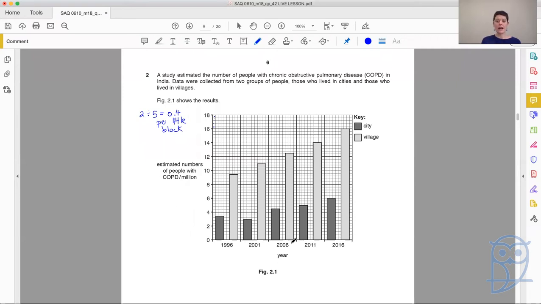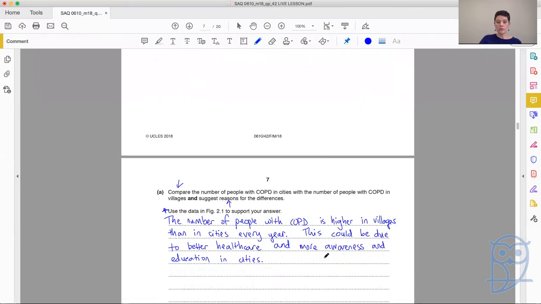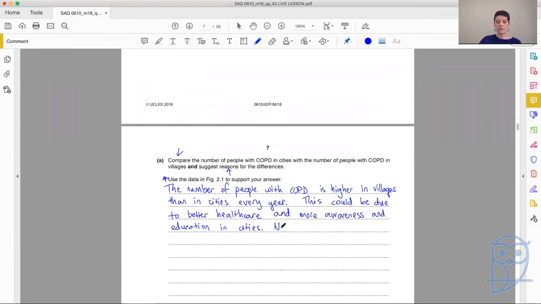Now we've got to think about another one. And this pattern of increasing every year in the villages, and certainly from 2001 to 2016, we're increasing in the cities. So, number of people with COPD increases every year in, oh, hold on, we're comparing.